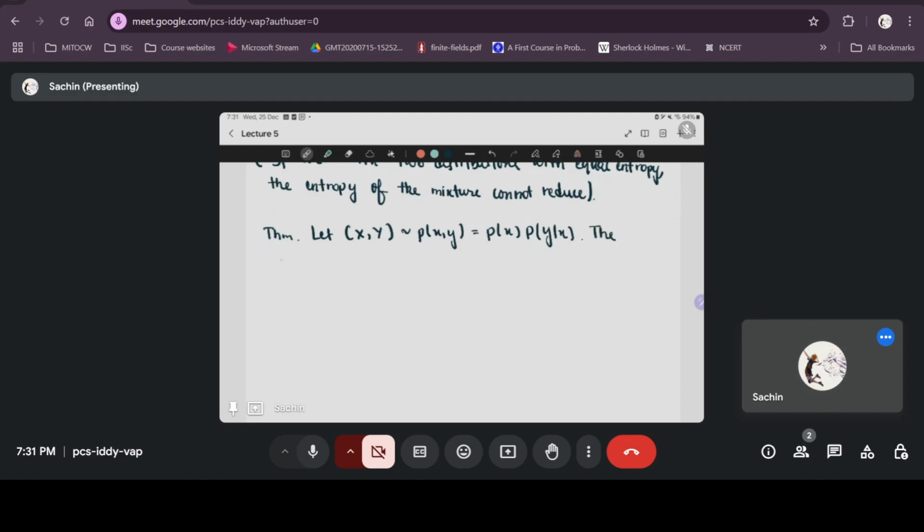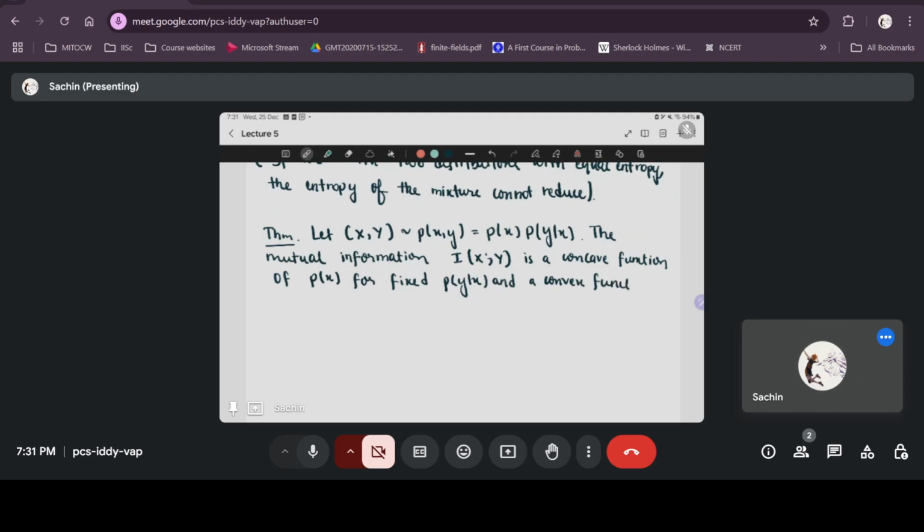Then the mutual information I of x semicolon y is a concave function of P of x for fixed P of y given x, and a convex function of P of y given x for fixed P of x.